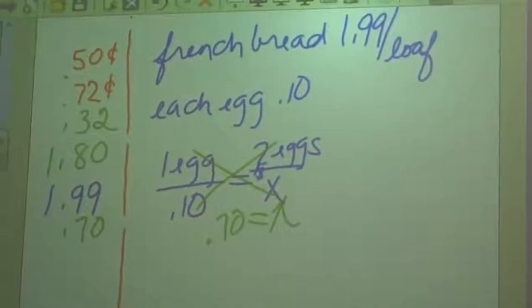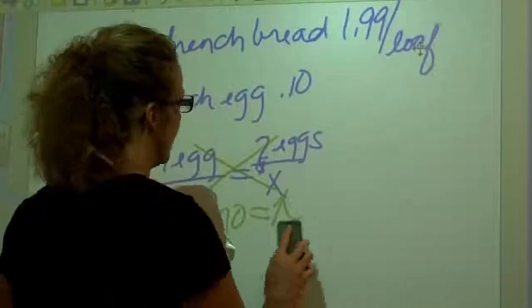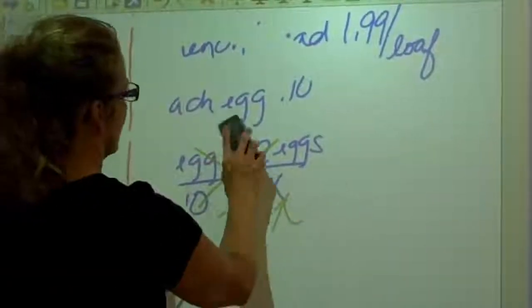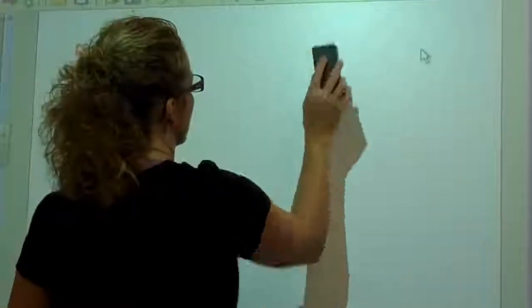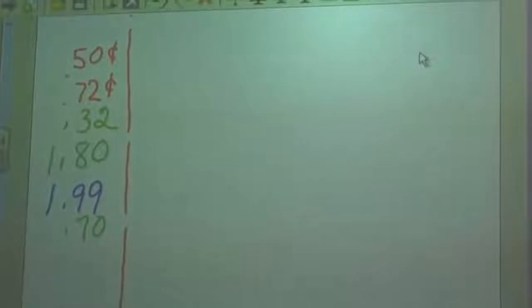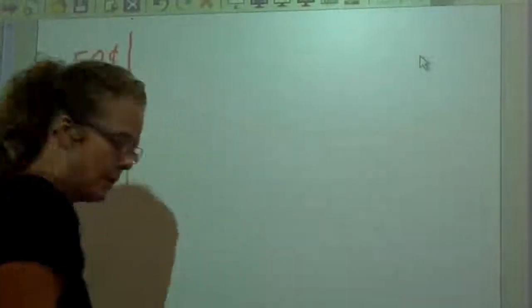All right, our next ingredient is milk. We need 1½ cups of milk. Milk costs 25 cents a cup.